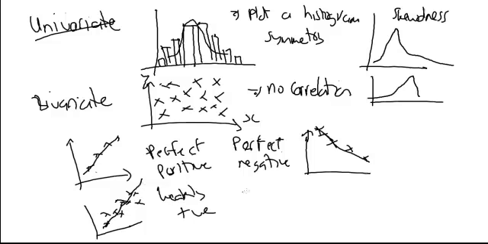So that's weakly positive, and you can have weakly negative, where you just have the line going down and the data points noisily gathered roughly around that line. So that's weakly negative.